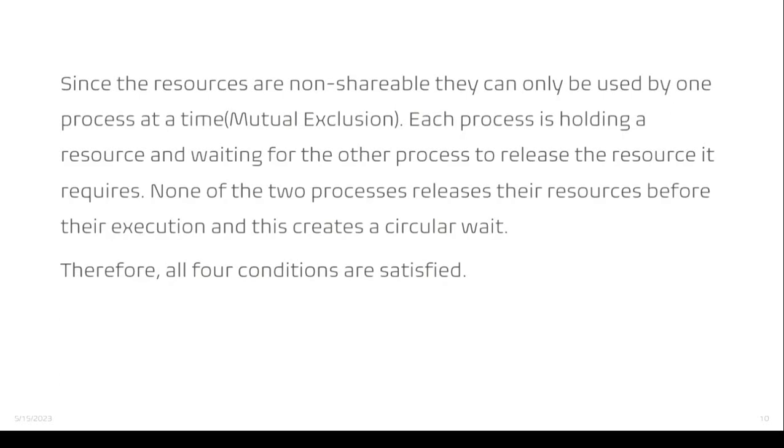That is no preemption. And as each process depends on the resource held by the other, this creates a circular wait. So this is how all four conditions are met, and because all four conditions are satisfied, this situation can be termed a deadlock.